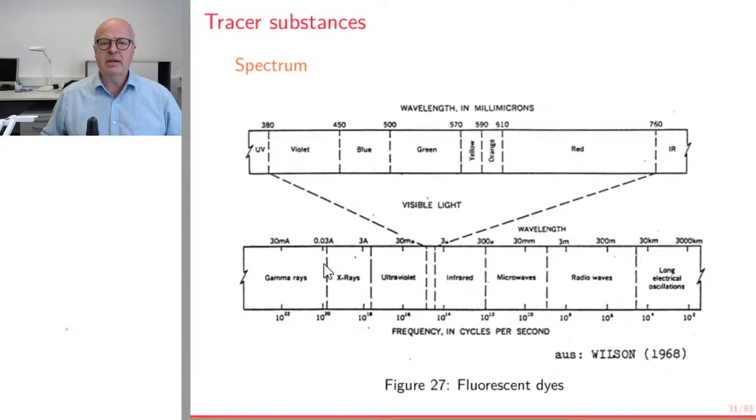Now usually we look at the visible light, at the spectrum from something like 380 to 750 nanometers. Sometimes we include UV light. I have an experiment now on Thursday where we actually study the fluorescence of polycyclic aromatic hydrocarbons, which requires UV light excitation. Now, of course, you know that this is just a small part of the full spectrum of electromagnetic waves.